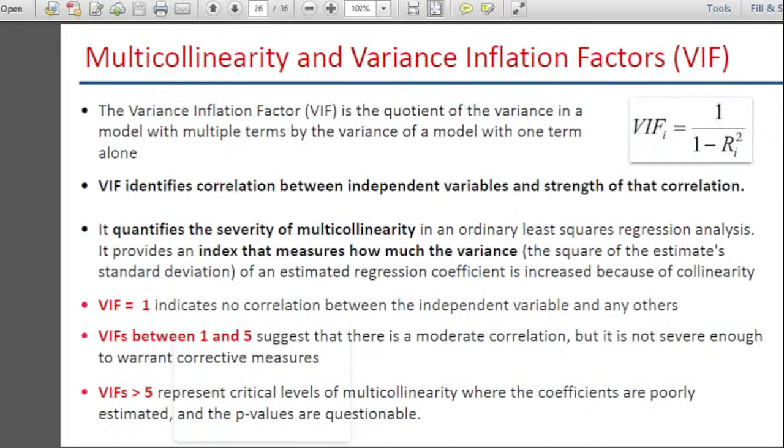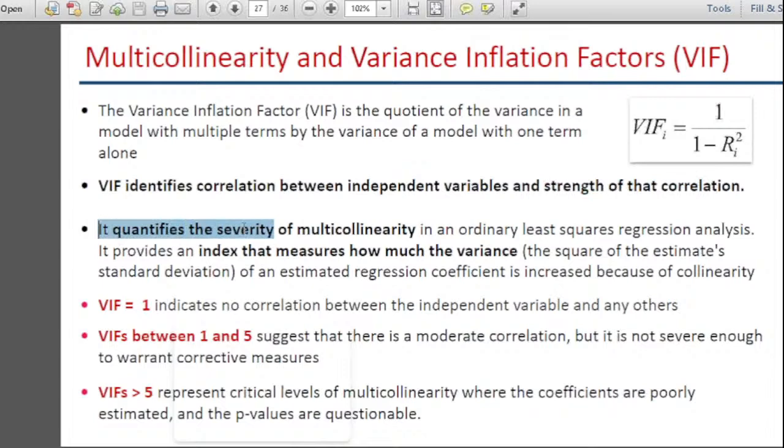So now VIF, variance inflation factor, is a metric that measures this multicollinearity. VIF is the quotient of the variance in the model with multiple terms by the variance of the model with only one term alone. It measures how much variation comes when you have multicollinearity. VIF identifies correlation between independent variables and the strength of that correlation also.